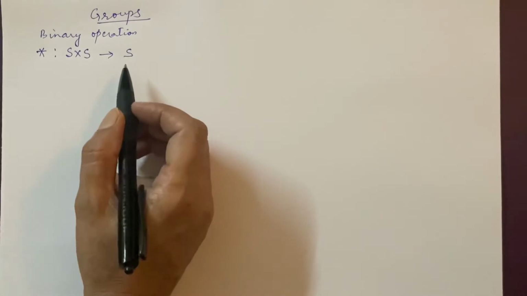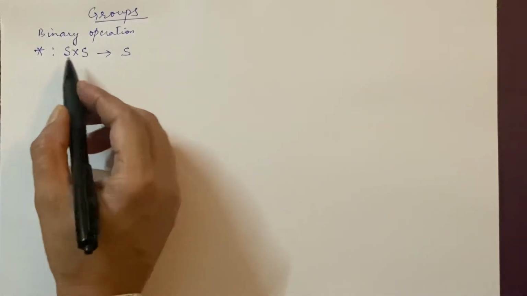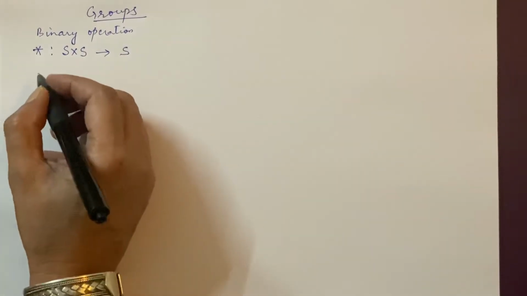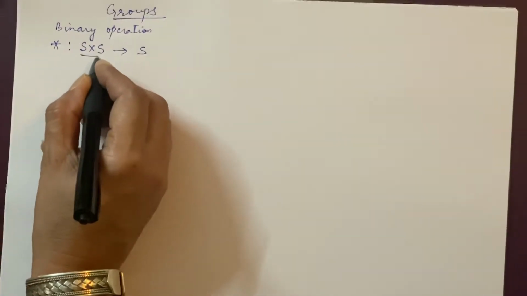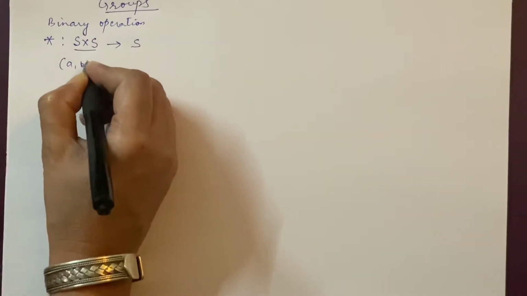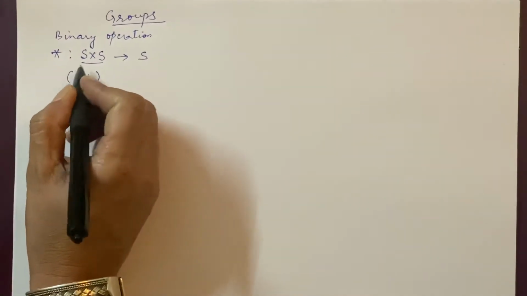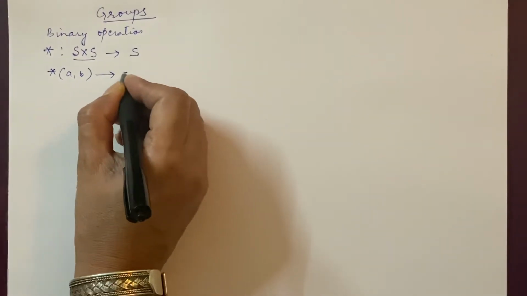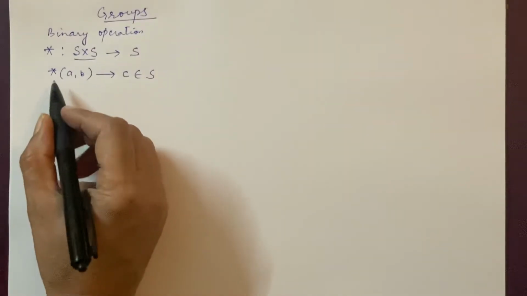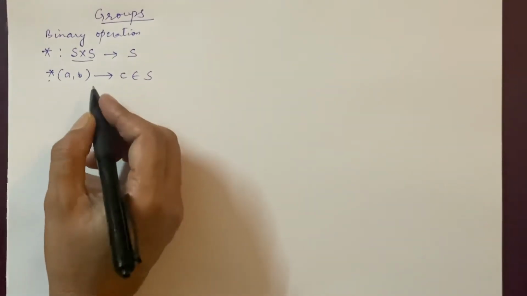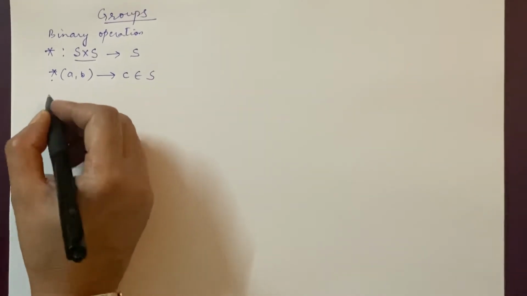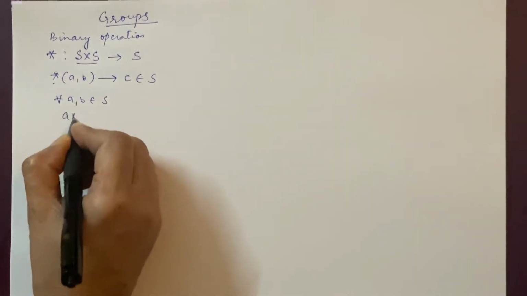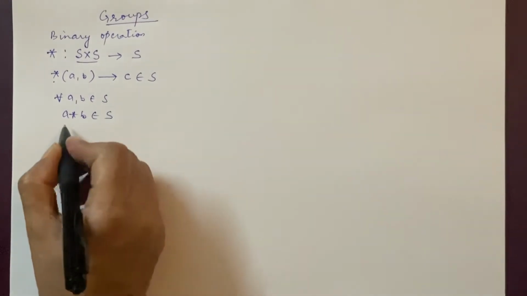If S is any non-empty set, then star, a function from S cross S to S, is known as a binary operation. What does that mean? That S cross S has ordered pairs (a, b), and every ordered pair of elements of S under star operates to an element of S. Then we say that star is a binary operation, and in our notation we show that for all a, b belonging to S, a star b belongs to S. What does that mean?